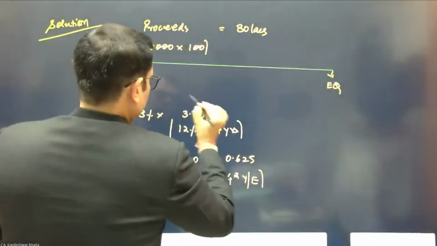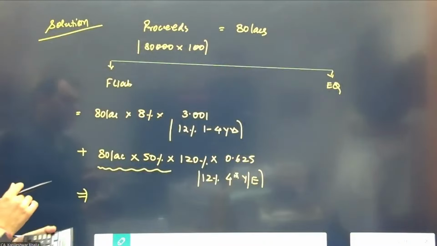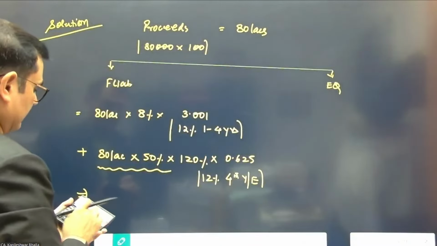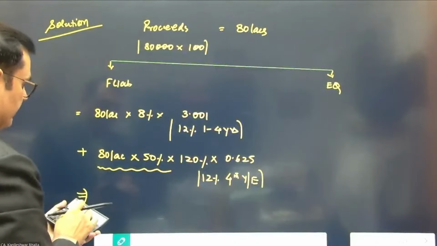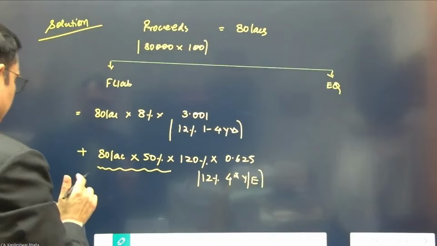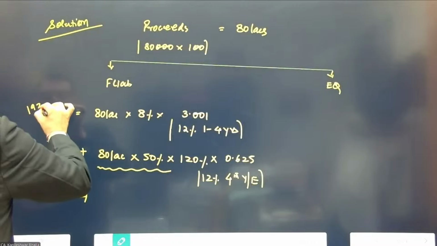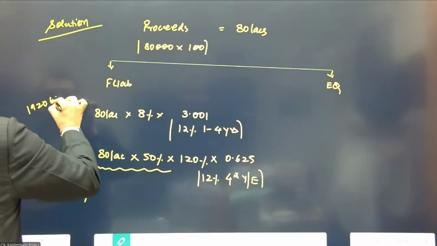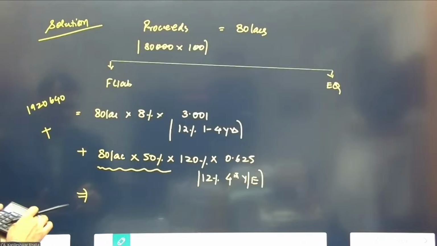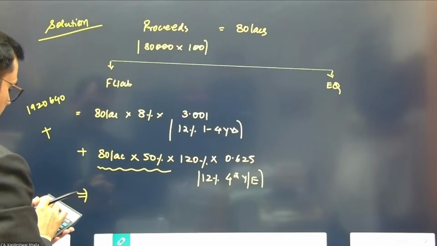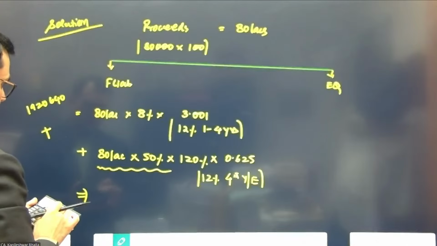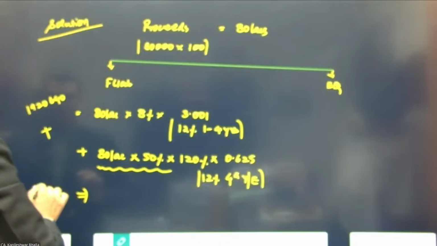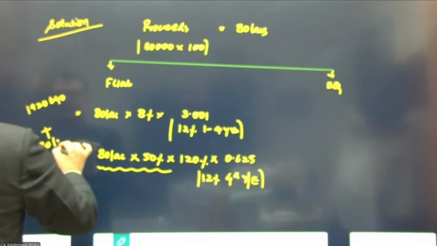So let's see what the figures are in this case. This is 80 lakhs, 8%, 3.001. This is, I think, coming to 19,20,640. And this is, I guess, 40 lakhs into 120% into this. I think this is coming to 30 lakhs.